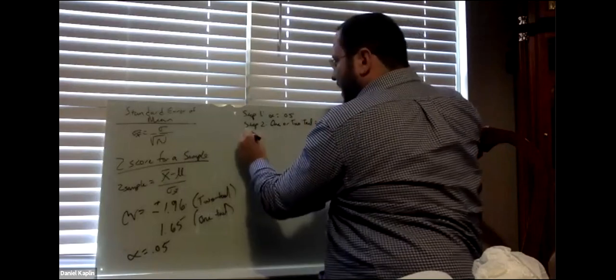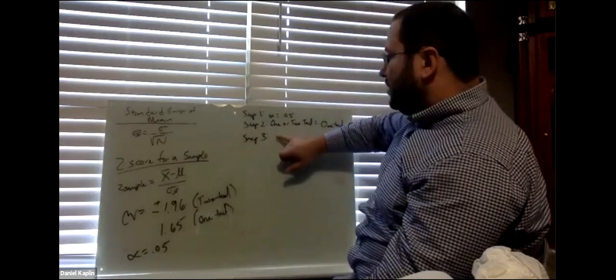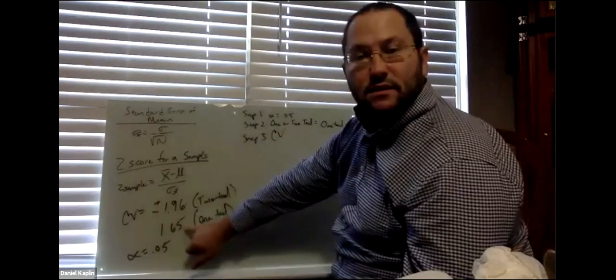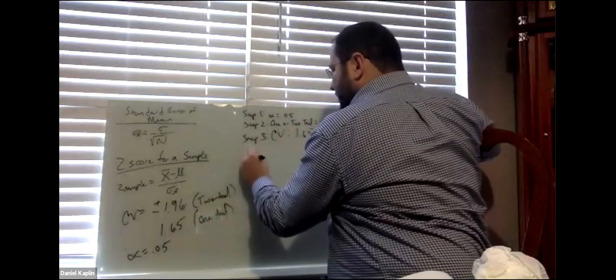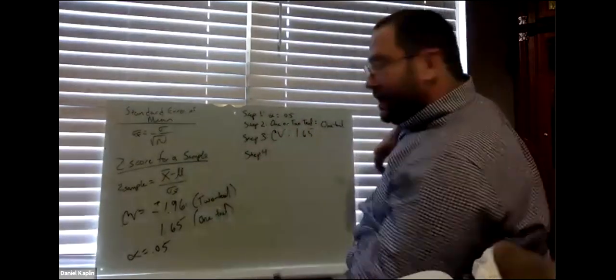So the critical value, step three, would be to establish our critical value for a one-tail test is 1.65. Step four would be to calculate our test.